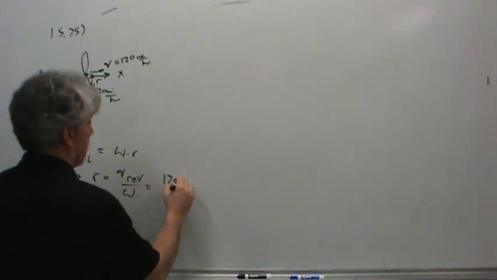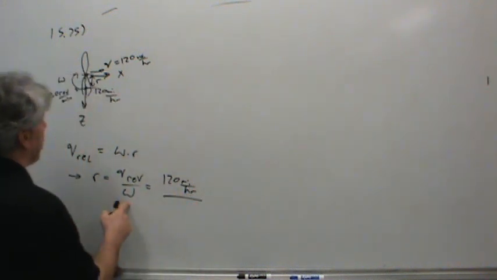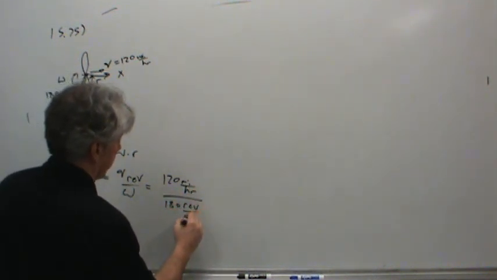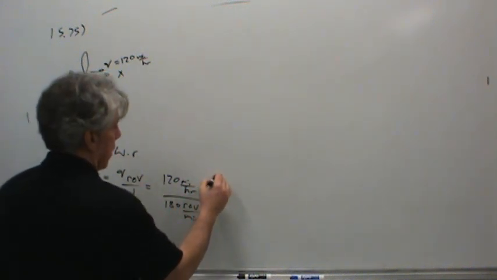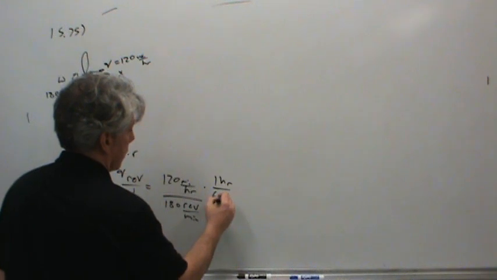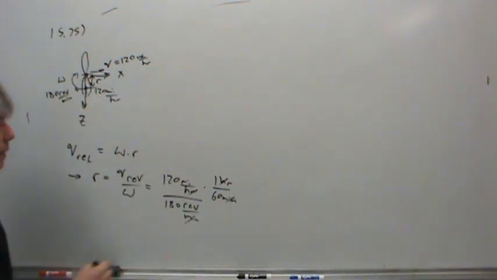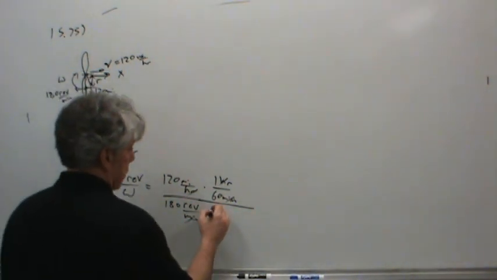So let's see, 120 miles per hour divided by an angular speed of 180 revolutions per minute. You see we've got a whole lot of conversions to accomplish here. For example, there's 1 hour per 60 minutes. That way all the time units are gone. And revolutions don't play well with others, so let's go to radians.